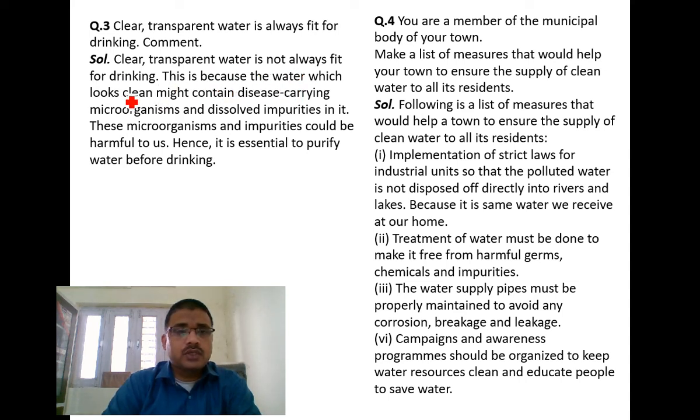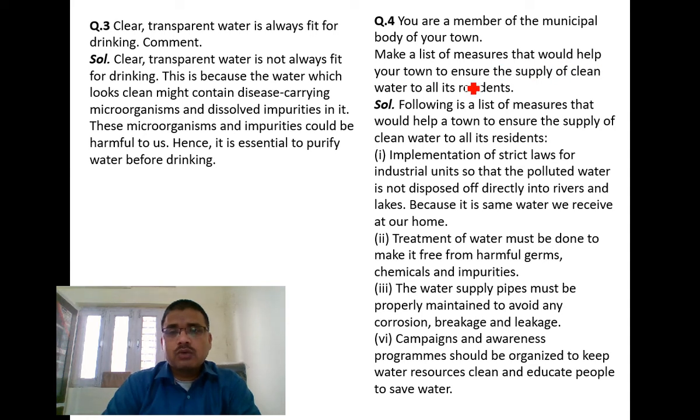So before drinking, water should be purified. Now, as a member of the municipal body of your own city, make a list of measures that could help your town ensure the supply of clean water to all its residents.